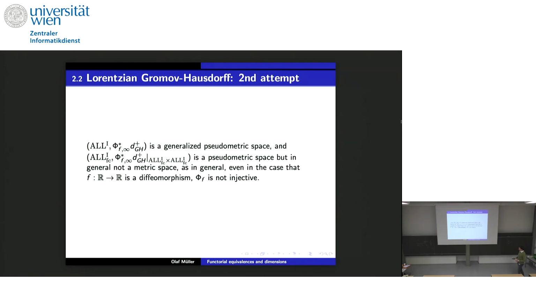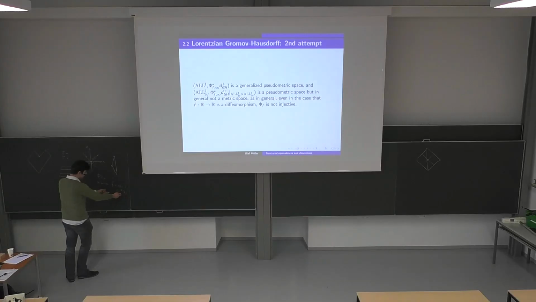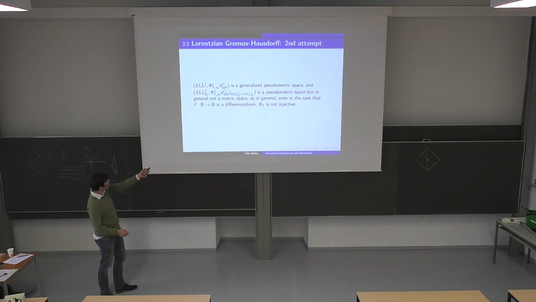Now the second attempt to define a metric on this set, this metric space on the set of isomorphism classes of Lorentzian length spaces, could be that we just take some f and then the infinity norm. We can steal the infinity norm from L infinity of x and then just prescribe it.